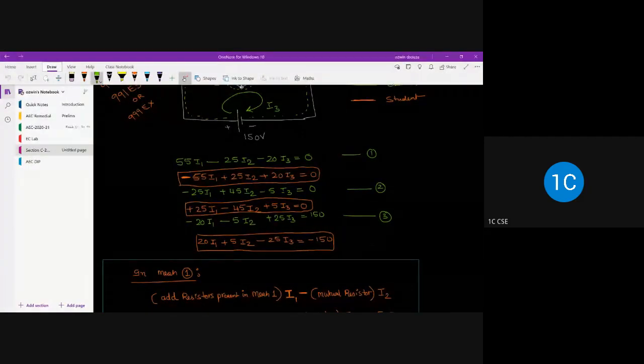It doesn't matter. So I1 is 7.02 amps. Let me just write it down on the screen. Hold on, I didn't connect my tab.